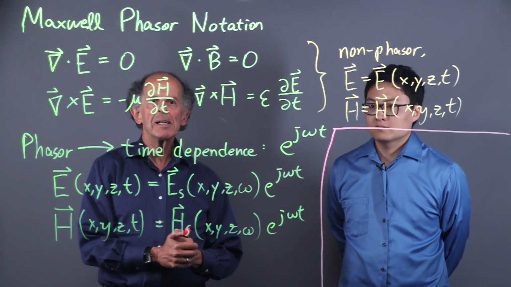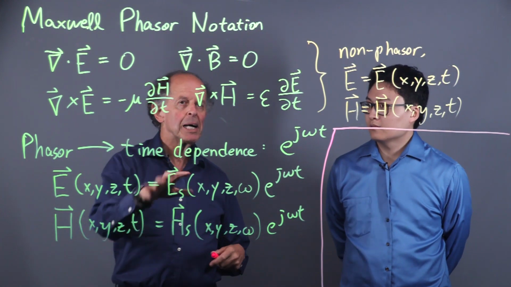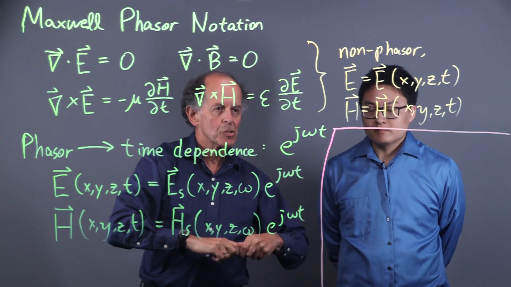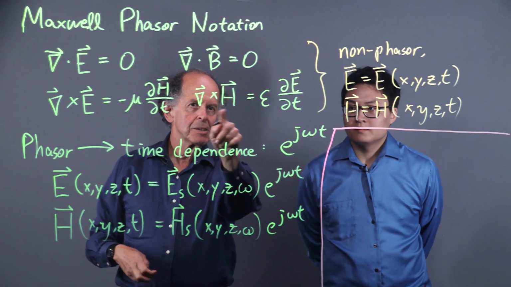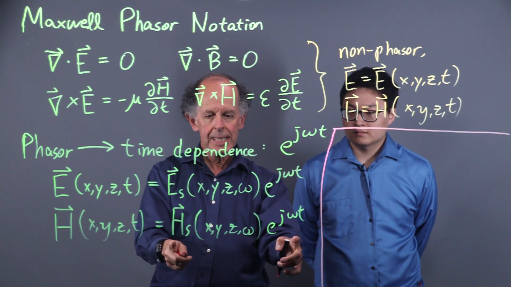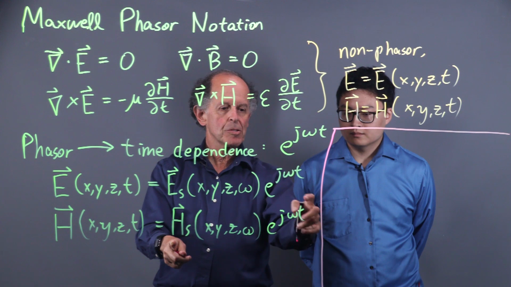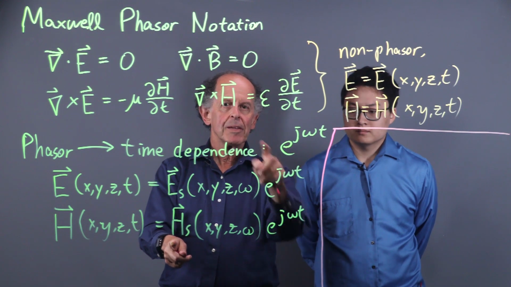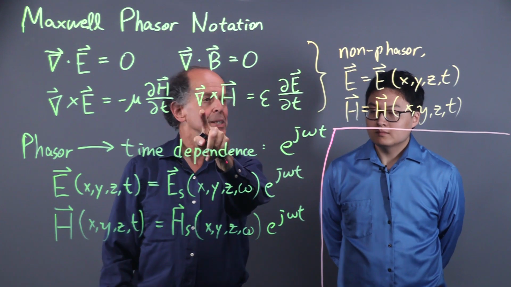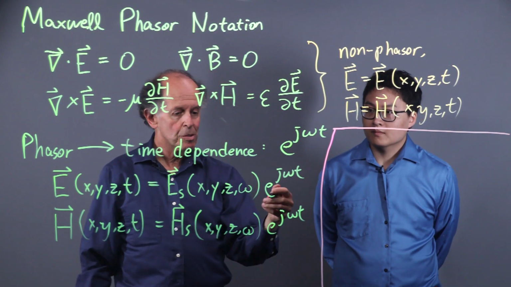So let's run this through. We don't need to do all of these, I'll take this one. So I'll start with curl of H. Now, we write H like this, and we see that there's a time factor here that's not affected by the curl operator, which is in terms of space.